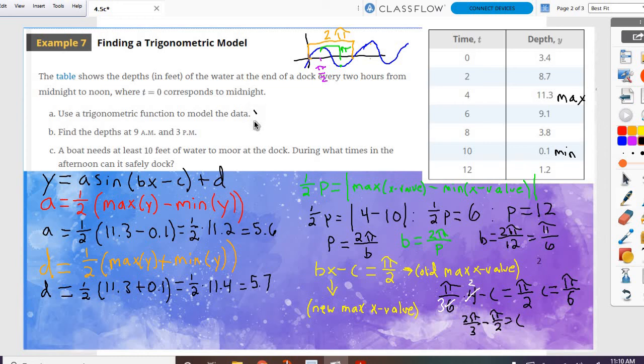So our answer to part A is going to be y equals, we said our a value is 5.6. Our b value we just said was pi over 6. So we have pi over 6, and then we want to leave our x there. Sorry, I forgot my function. Sine.